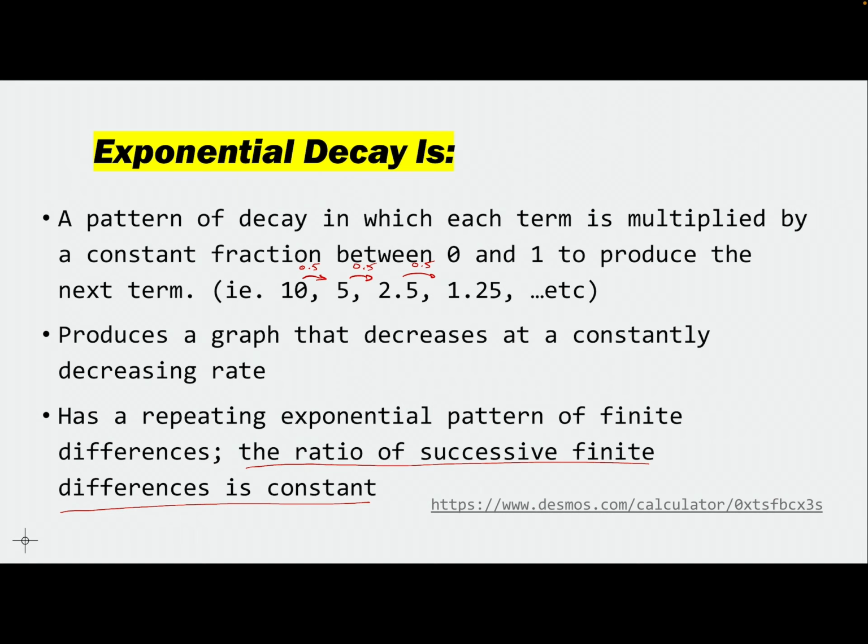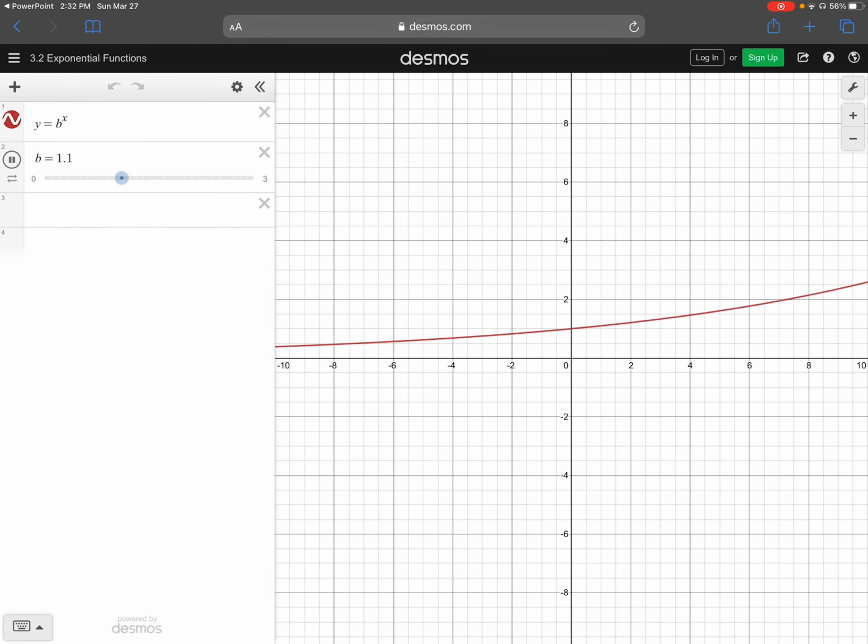When we perform the finite differences, we will see a common ratio amongst the differences. What that means is they will never reach a constant amount or converge to a constant number like linear functions or quadratic functions do.